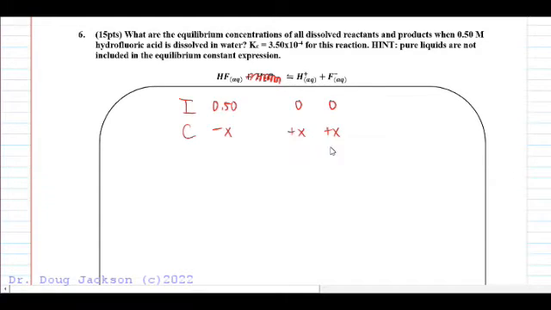So whatever was present initially, we stress the system. We have too much HF for our equilibrium, so it's going to react by changing minus X, lose something, and then add 1 to 1 our two products.